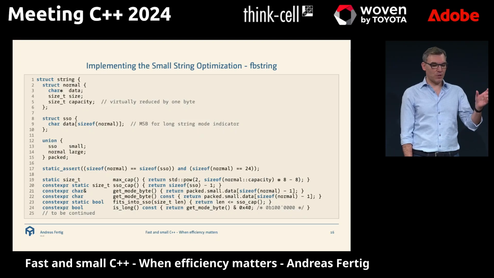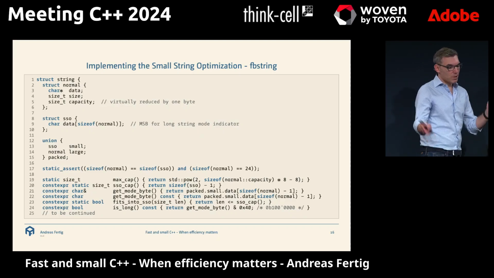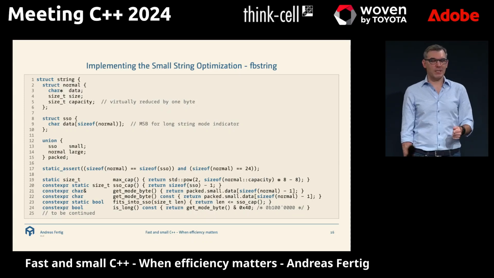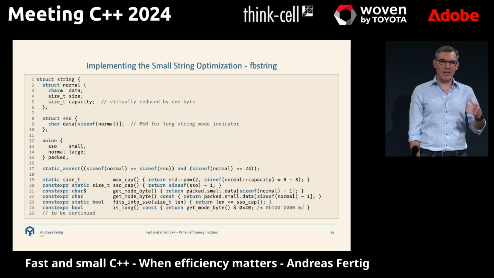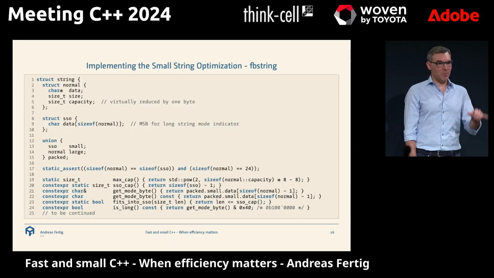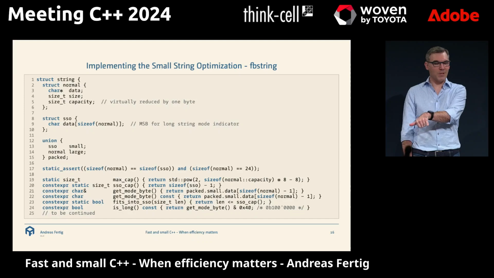And there they fetch the most significant byte of the data array. Is long fetches that mode byte and checks whether this mode byte has the 7th bit set. Why the 7th? Because that implementation is real fancy. They know a short, a medium, and a long string. And the medium string sets the 8th bit. So this is why the 7th. But the remaining 6 you have beneath them are enough to store the capacity you can store in small string mode.